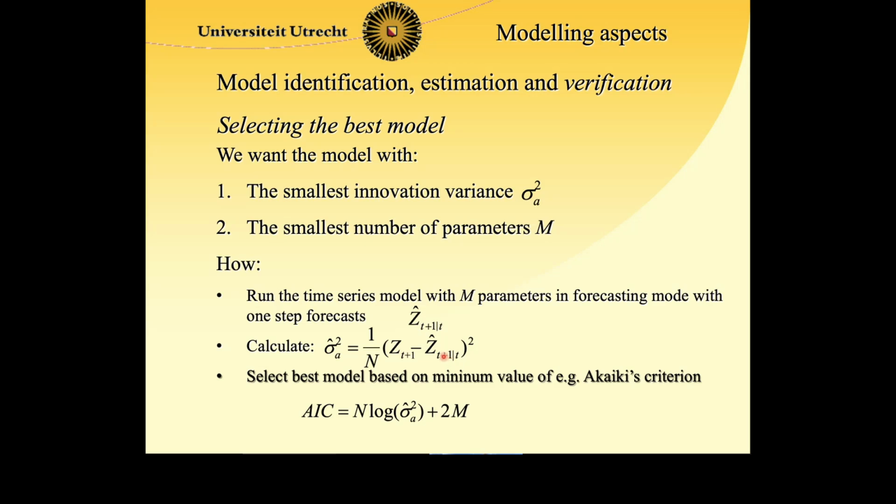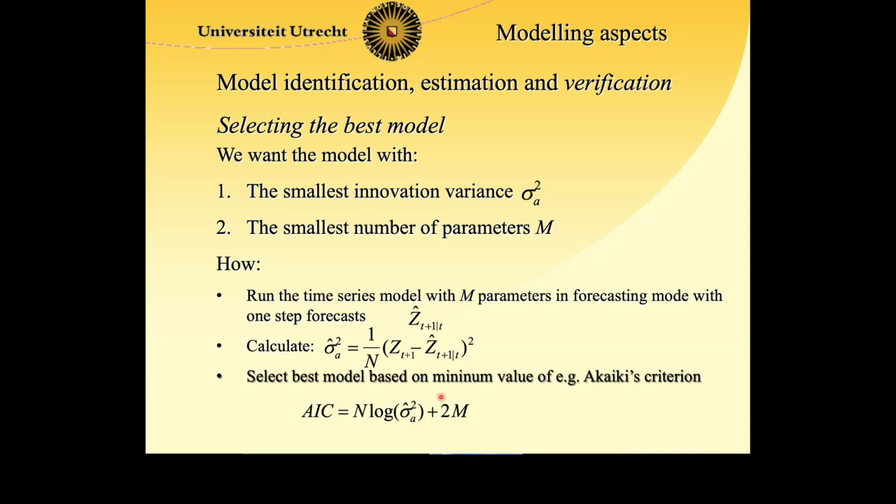And then you make a weighted average, which is the so-called Akaike's information criterion, that weights the residual error of the model and the number of parameters that you use. So if you overfit, then the parameter term becomes larger than the error term, and the information criterion increases again. So this information criterion can be used to select the optimal model.